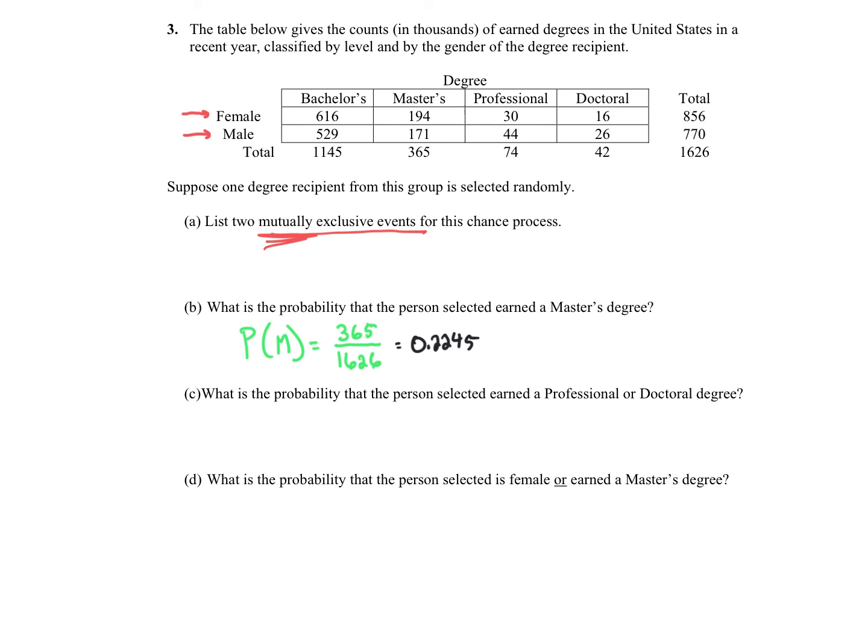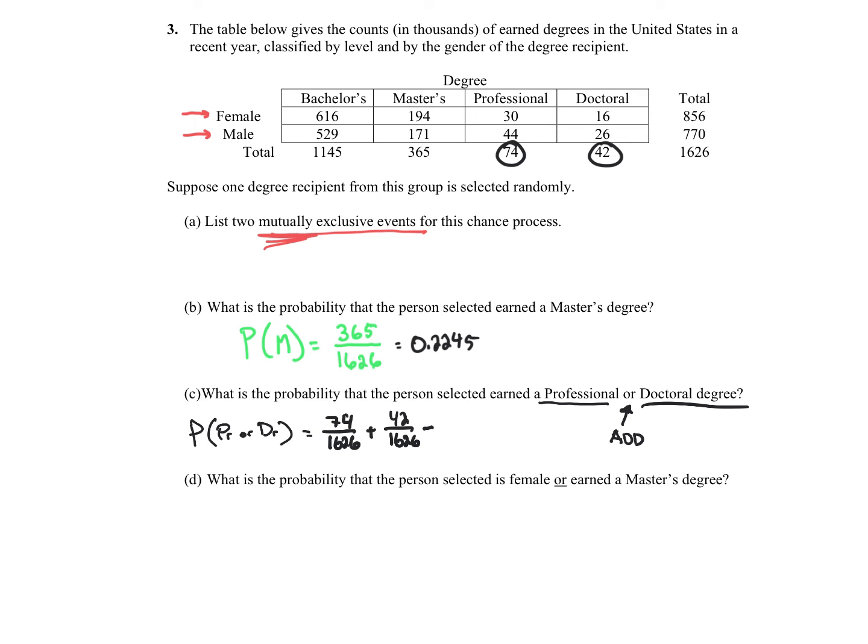What is the probability a person selected to earn a professional or doctoral degree? Or meaning add. I always want us to know or means add. Professional degree or a doctoral degree, right? So professional, well, there's 74 of the 1626. Plus doctoral, well, there's 42 of the 1626.